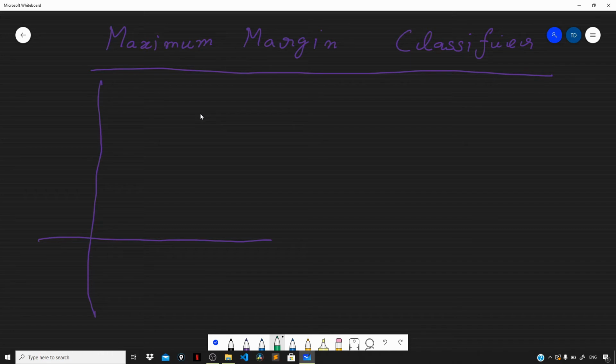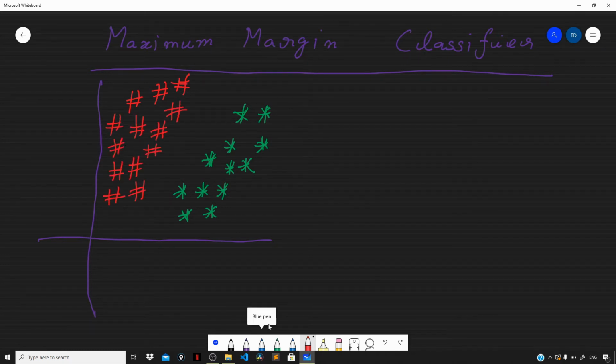So let us consider our simplistic case of binary classification where we have two classes. For first one, let us represent the observations by using asterisk, and let us represent the observations of the second class by using hashes. And let us take three of the possible hyperplanes from an infinite set of hyperplanes. So let us say the first one is this, and let us say we have one asterisk here as well.